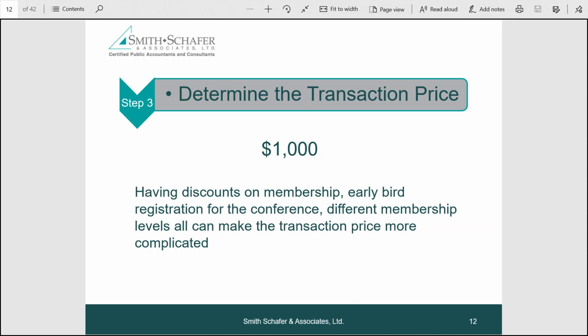So having discounts on memberships, having early bird discounts for registration, different membership levels, all those things that can affect the transaction price may make it more difficult to allocate and complete steps 4 and 5. So that's just something to keep in mind as you go through this process. Do you have multiple transaction prices, and how are the multiple transaction prices going to affect how you allocate in steps 4 and 5?